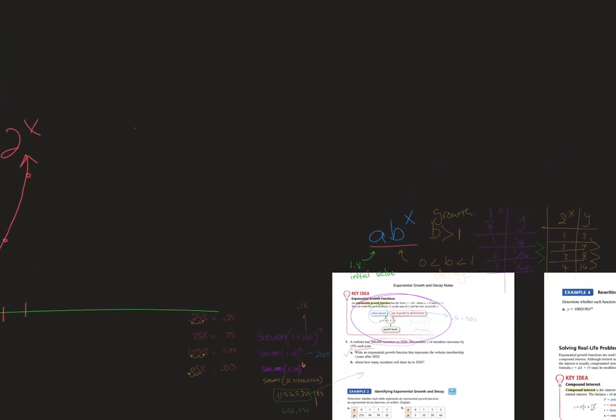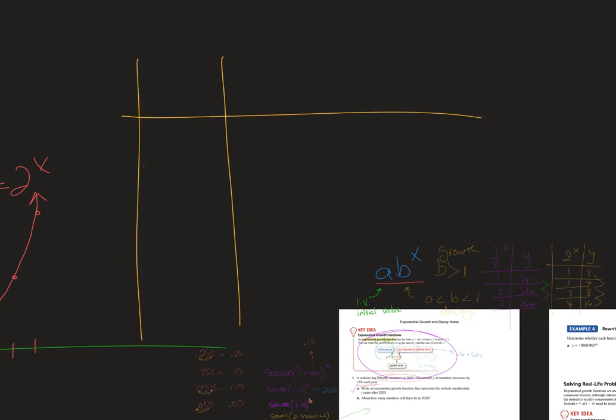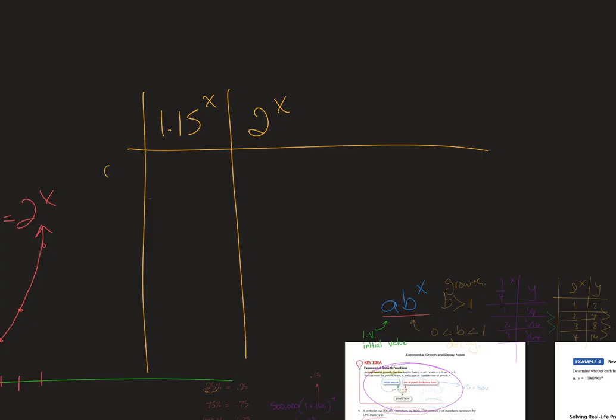And in case you're wondering, here I'm going to put a little chart on here so we can see the comparison, okay? So imagine that we had 2 to the x and 1.15 to the x, and we just compare those. So when we plug in 0, I think you know what we expect. We get a 1 there, and a 1 there, and that makes sense.